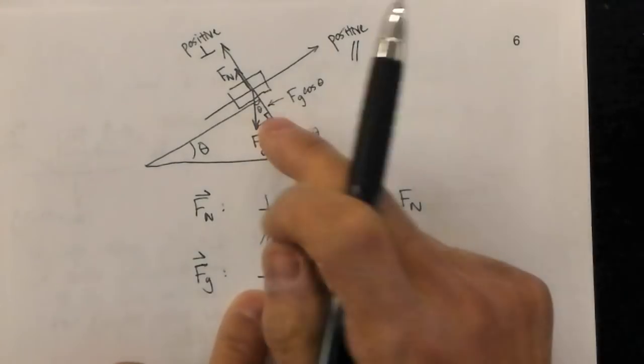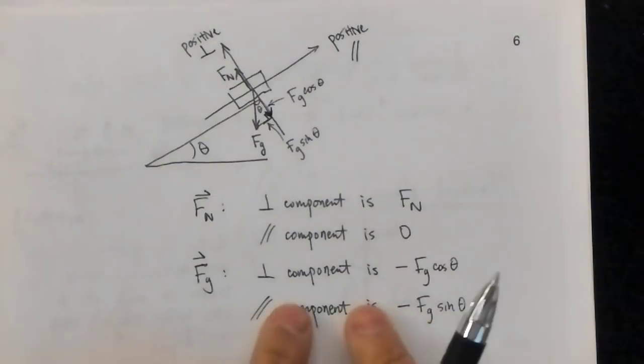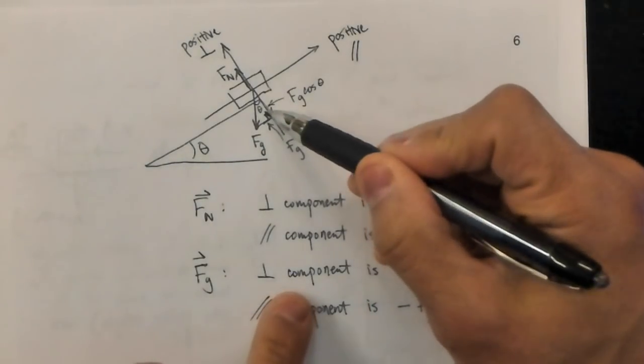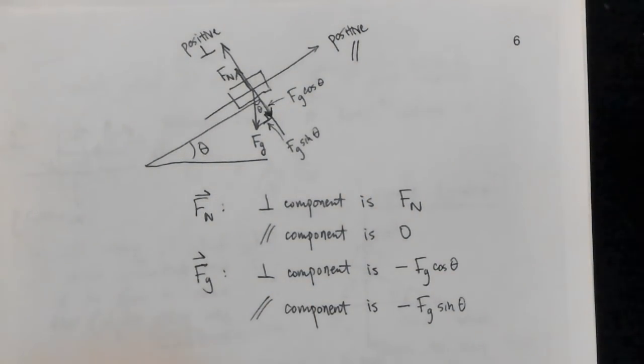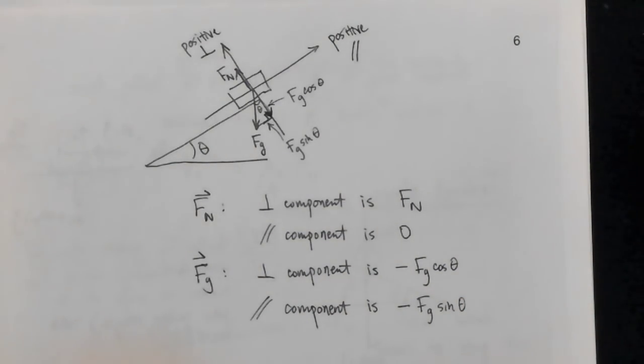And then for Fg perpendicular to the plane, we have this component here that's going into the plane, so I have negative Fg cosine of theta. It's cosine because it's the adjacent side to this angle here, theta. Any questions about this? Is everybody good on these components and everything? Any confusion? Any questions?